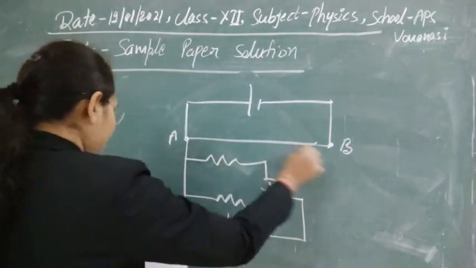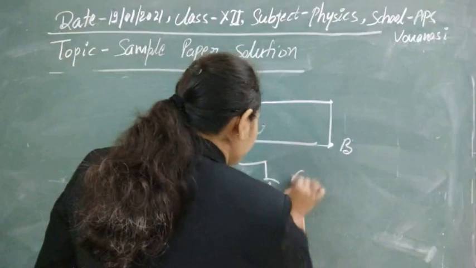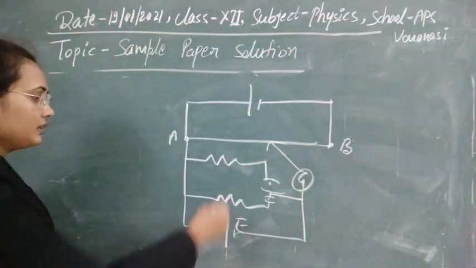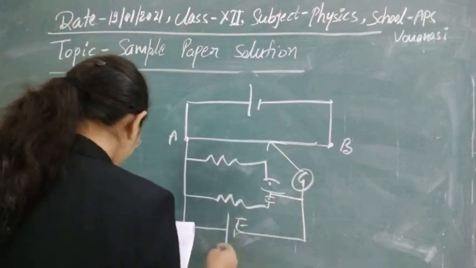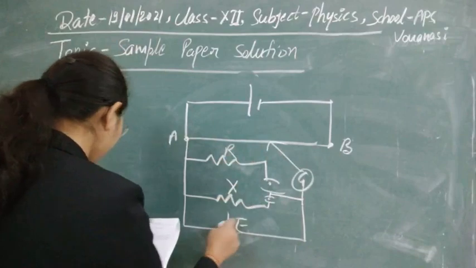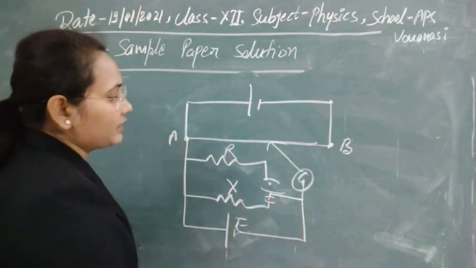These are the two points A and B that we have used here. This is a galvanometer, and this is the jockey attached to it. These are the two resistances that we have used, R and X, and this is the cell. This is the figure that is given.